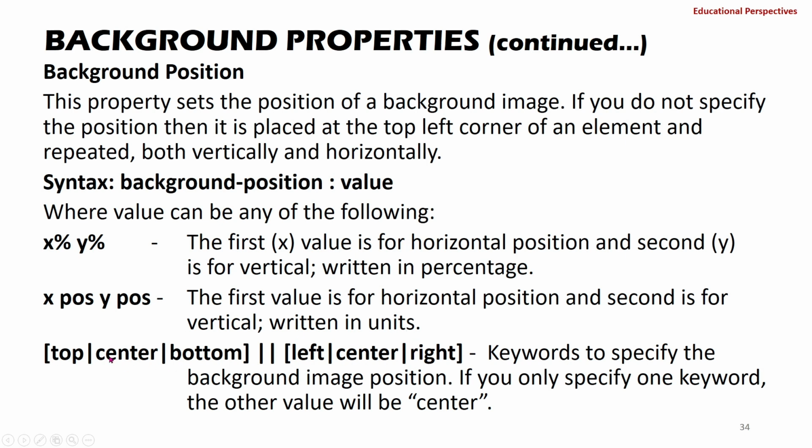If I write any one of these, say suppose bottom, and I do not specify anything for the horizontal, then it will automatically consider it as center. And the same goes with this: if I write left or right for the horizontal and do not specify anything for the vertical value, then it will consider center for the vertical.